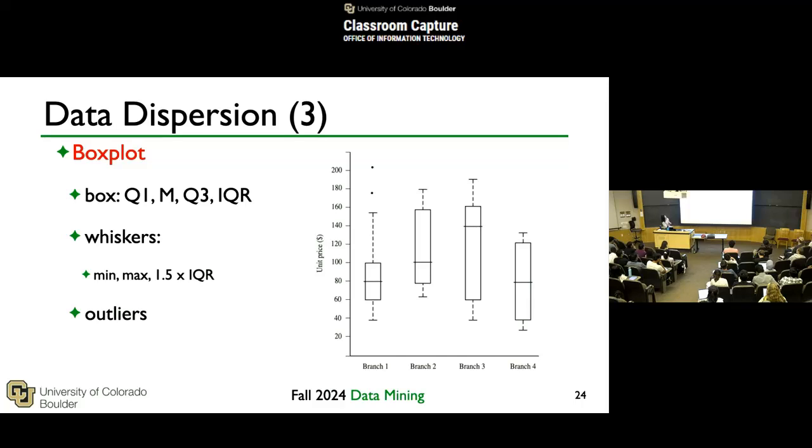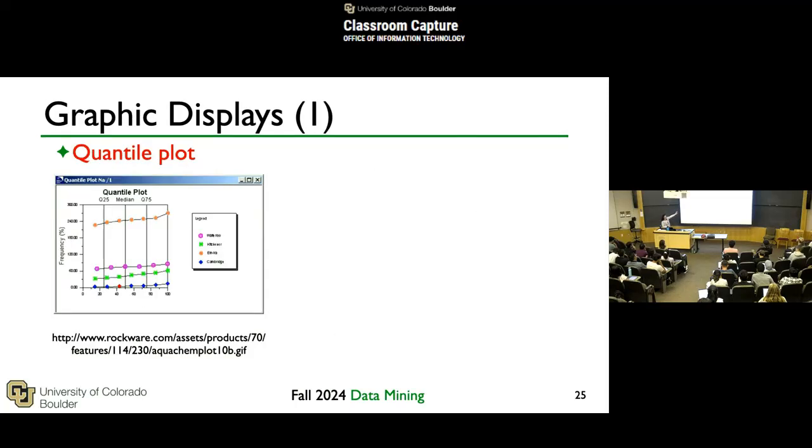I have different branches, the unit price of the products. Then you can quickly see which one has a higher mean value. Branch 3, this is the mean, and it also has a wider variation. So that's one box plot.